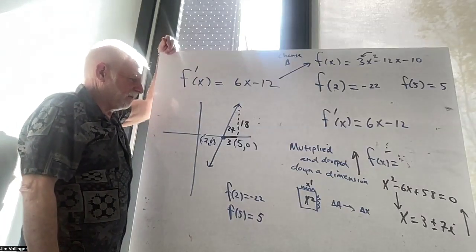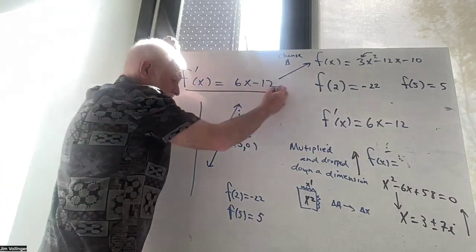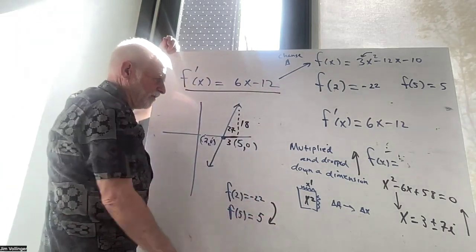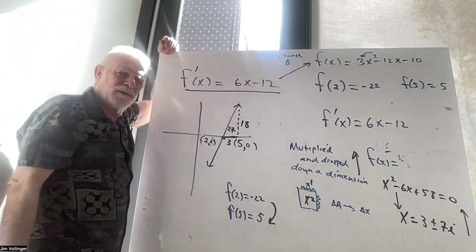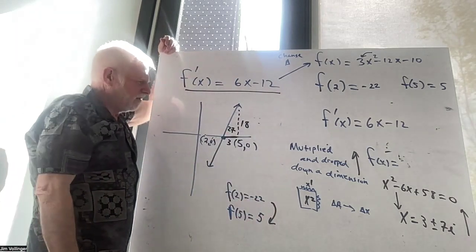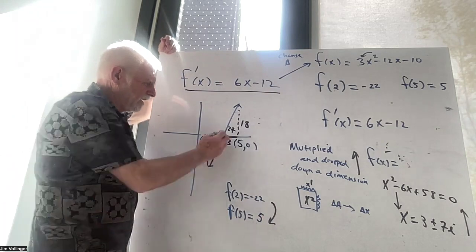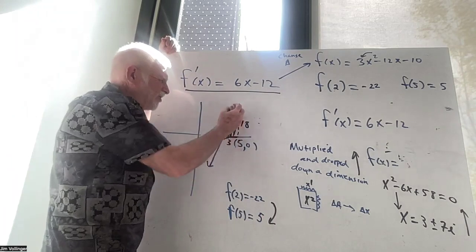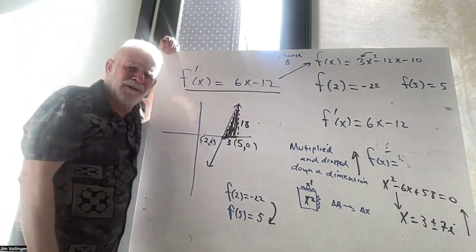Oh, interesting. Working with that seems to get me the change. Negative 22 to 5, 27. Wow, that's interesting. It feels like there's some sort of connection here when I fill in that area.